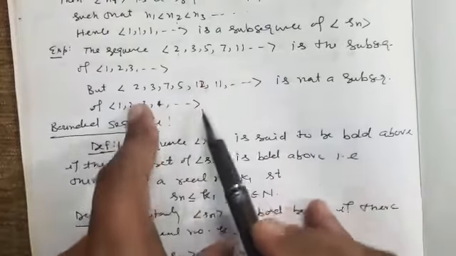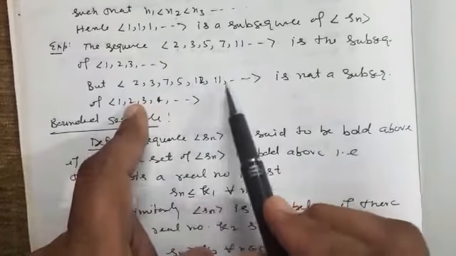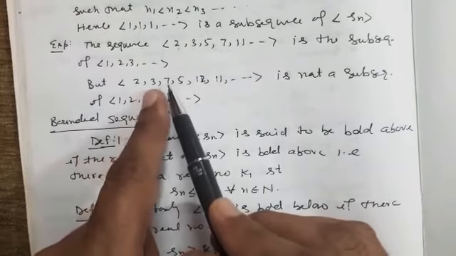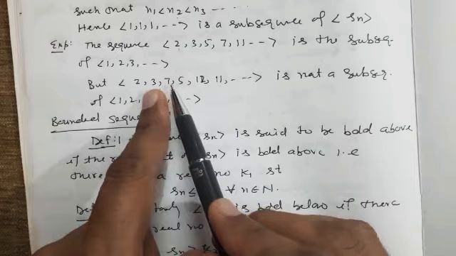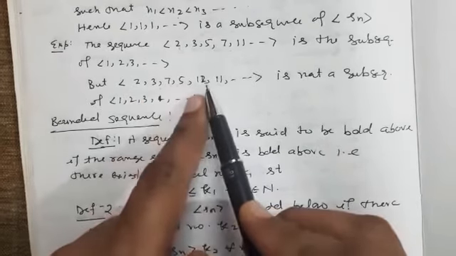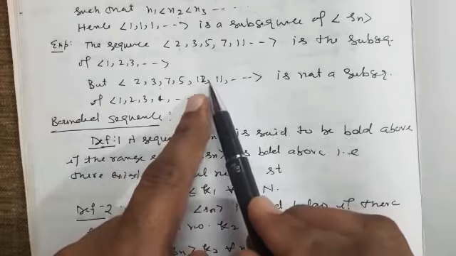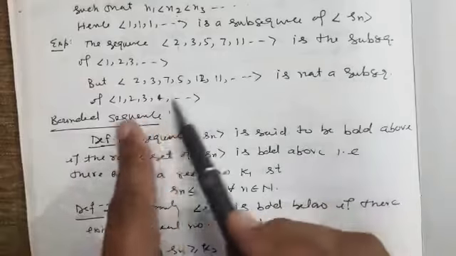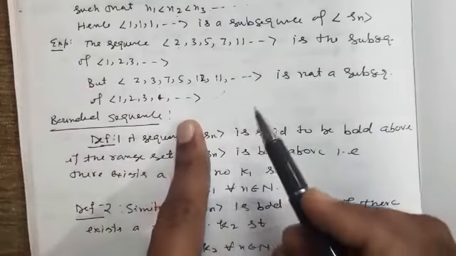So it is a subsequence. But if we take 2, 3, 7, 5, then it is not a subsequence, because 5 must come before 7. Similarly, 12 must come after 11 according to this sequence. So this sequence is not a subsequence of this sequence.